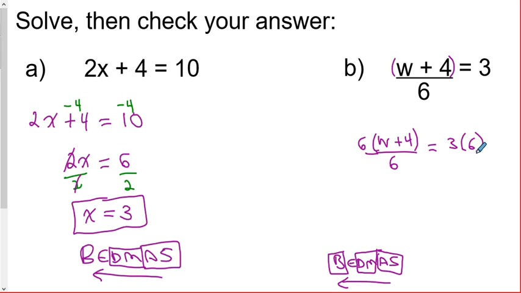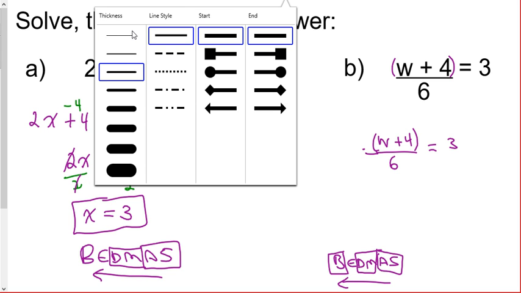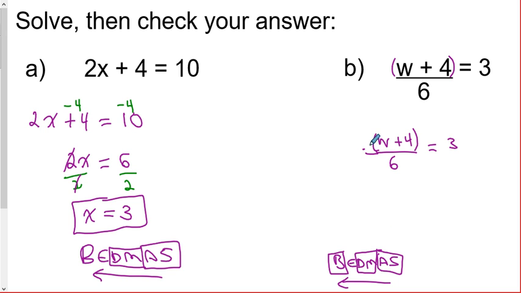I multiply both sides by 6. Sorry, I should have done that in green, so you can tell that it's a new one. There we go. So this one is a bit tricky, right? No doubt about it.